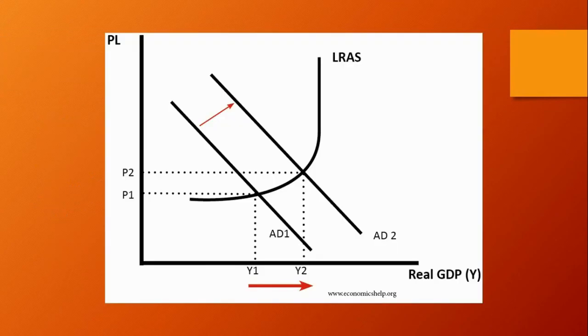As you can see in the Keynesian model, where the aggregate demand shifts to the right, when the aggregate demand increases, there is only a partial increase in price level, but more increase in real GDP. But this is vice versa for the classical model, where the price level increases higher compared to the real GDP.